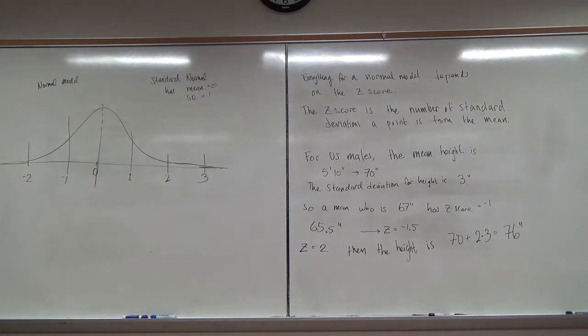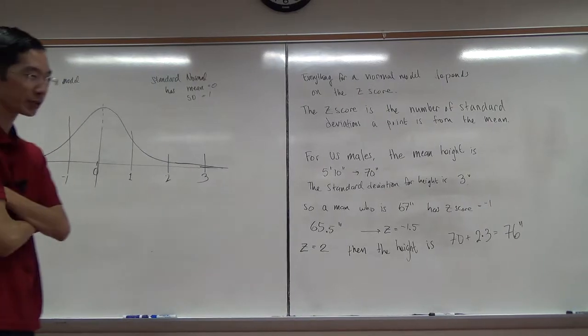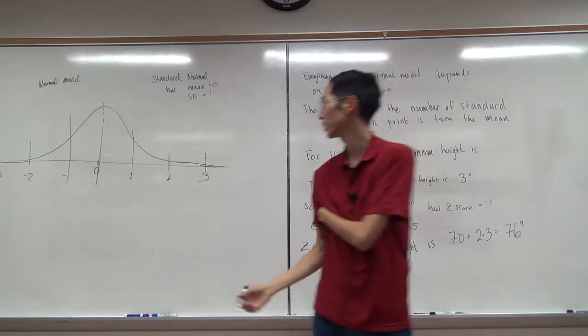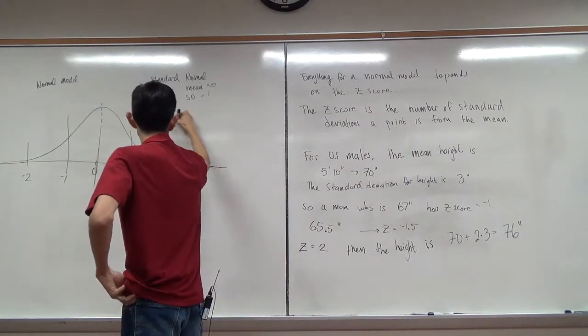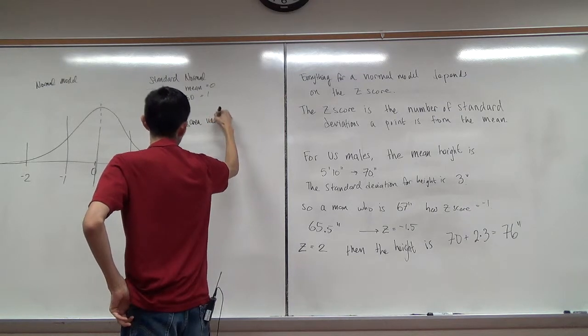So if I were to shade everything under the curve, and say that is equal to 100%, the total area under the curve is equal to 1.